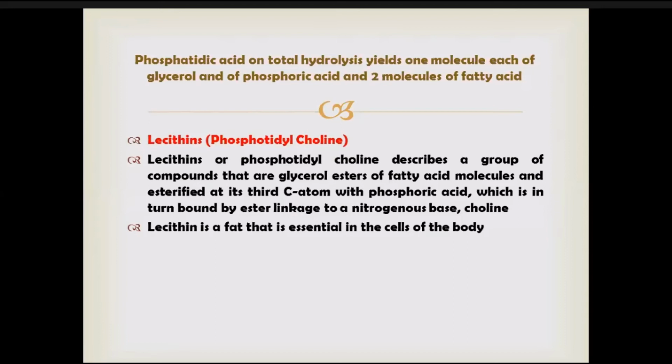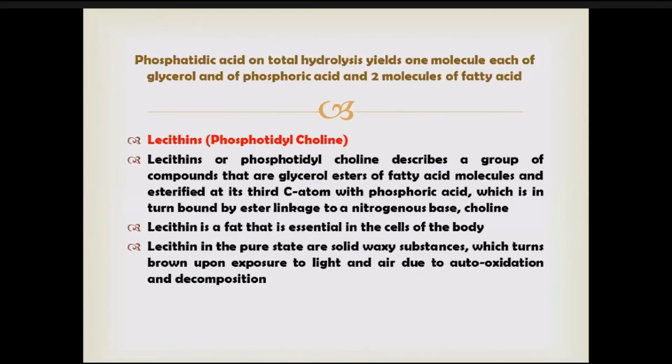Lecithin is a fat that is essential in the cells of the body. Lecithin in its pure state is a solid waxy substance which turns brown upon exposure to light and air due to auto-oxidation and decomposition.